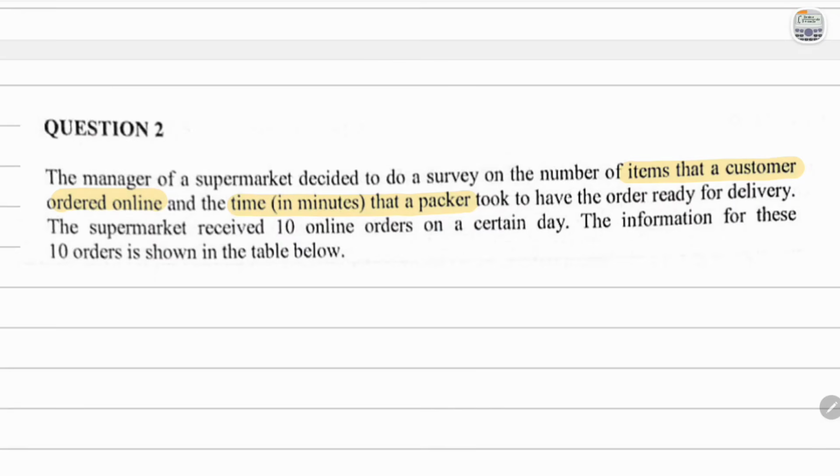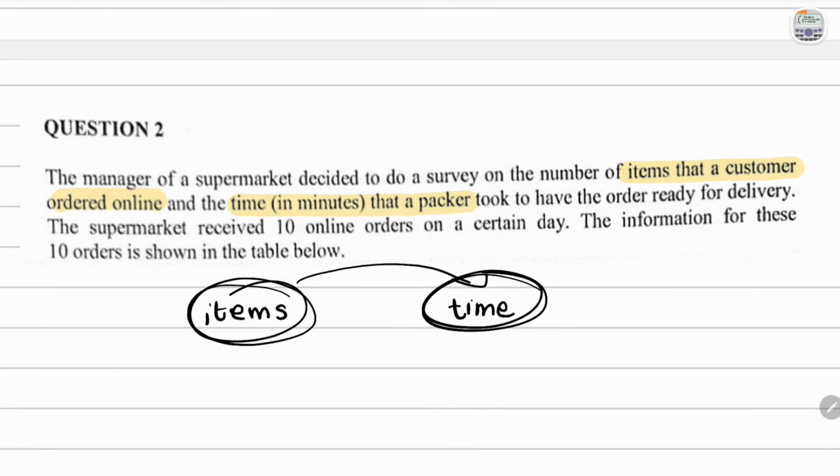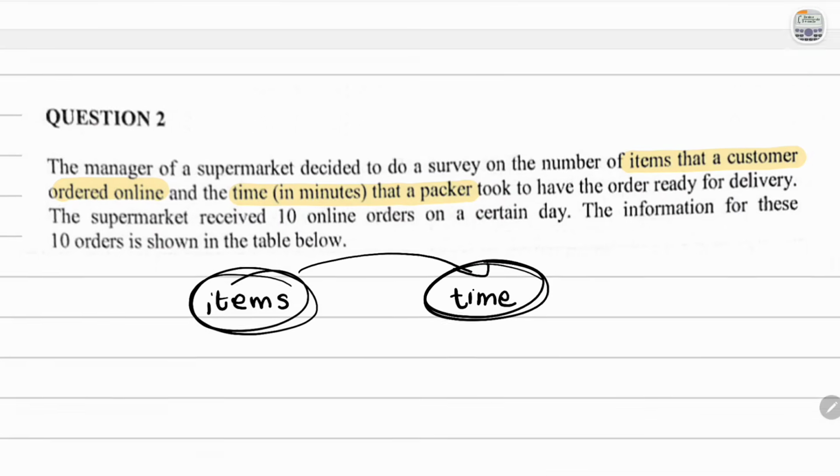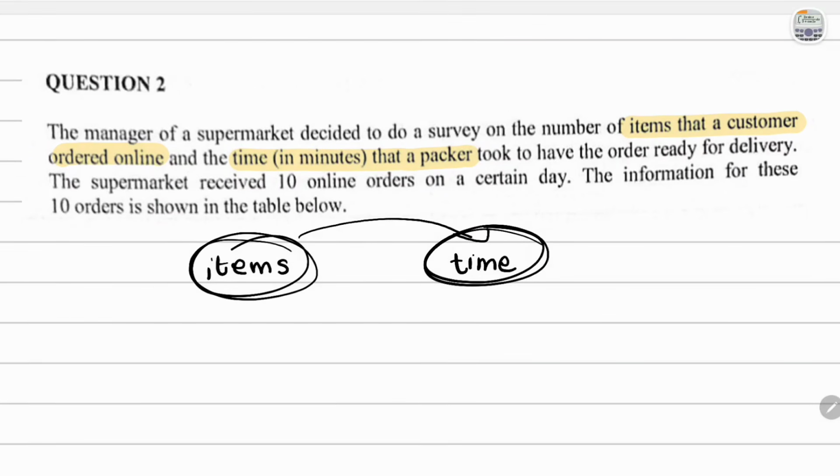So you can already see from this information, because the things that are being measured or monitored are the amount of items that were ordered online and the time that it took to pack these orders, that this manager is trying to find out if the amount of items ordered affects the amount of time it will take to pack the order, which it definitely does. So the more items that you have ordered would obviously take more time to pack it.